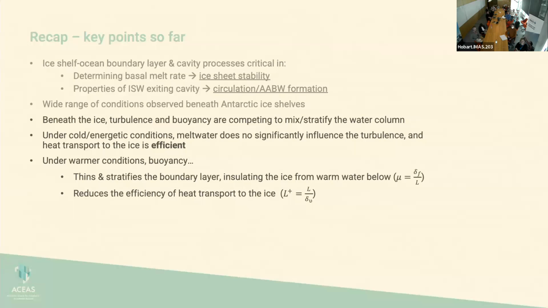But once we start moving to warmer conditions, buoyancy is now thinning and stratifying beneath the ice and having this insulating effect where there's not so much heat available for melting. Secondly, the buoyancy is reducing the efficiency of the heat transport to the ice. So it's this kind of double whammy in terms of both these things acting to decrease melting.